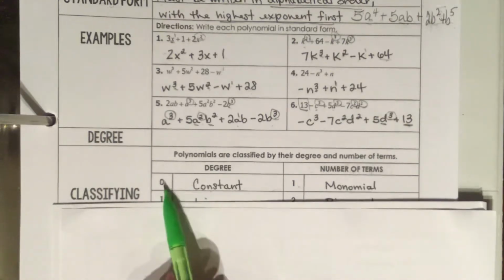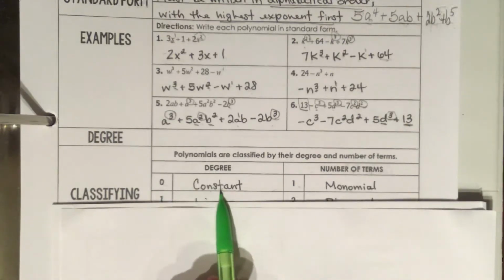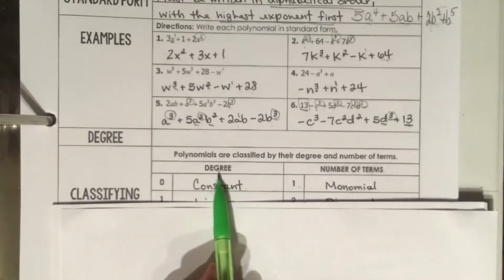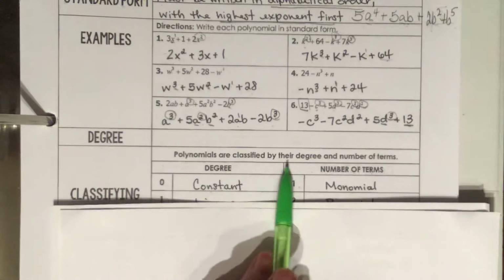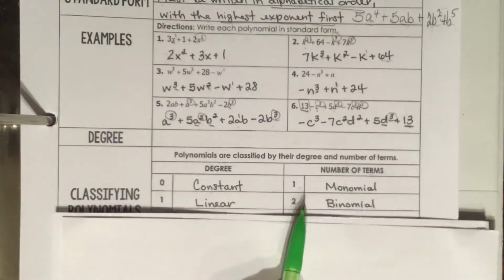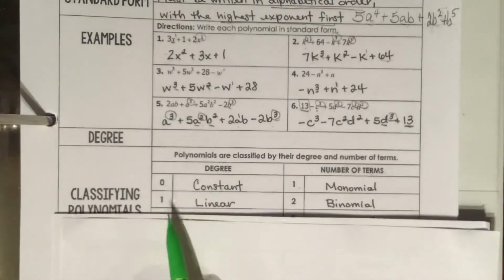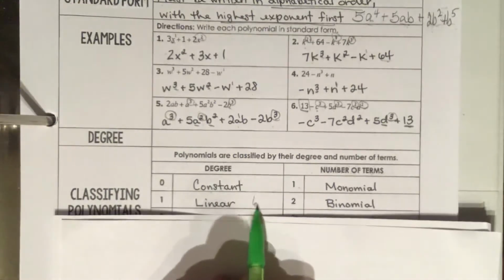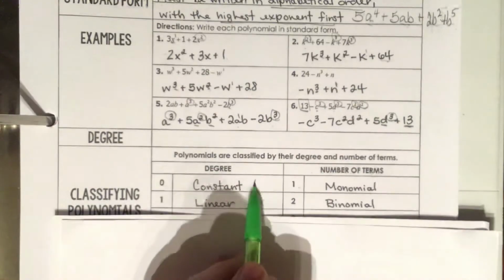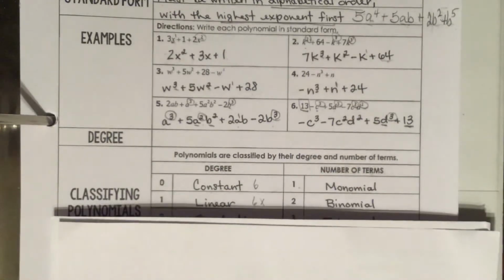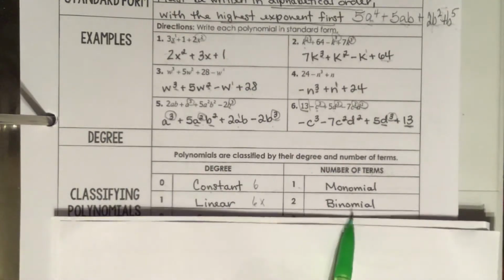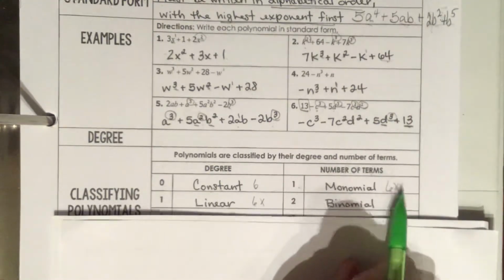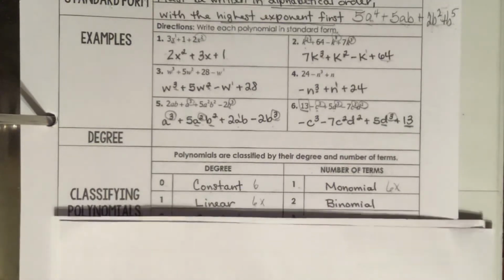If you have 0 terms or constants, polynomials are classified by their degrees and the number of terms. If there's 1 degree, you have a linear equation. That would be like 6x. Here would be just a 6, so the degree would be 0. Okay? Monomial means 1. That means you have 6x, or you could have 6.